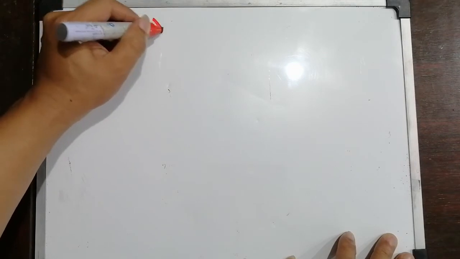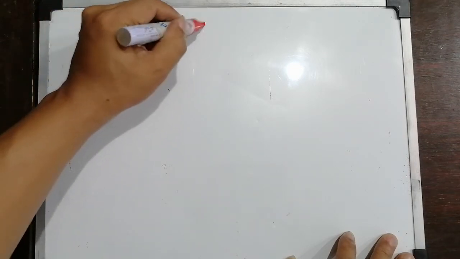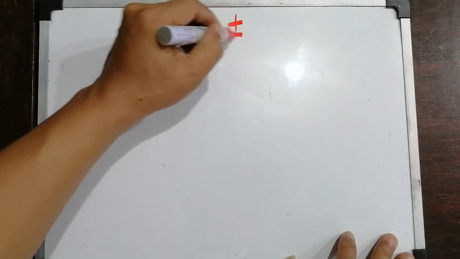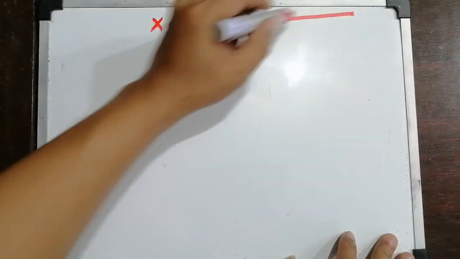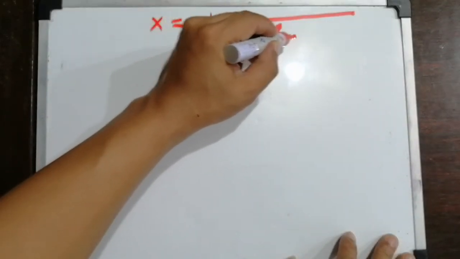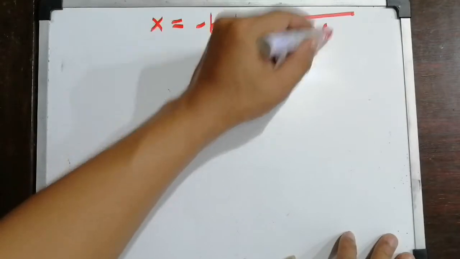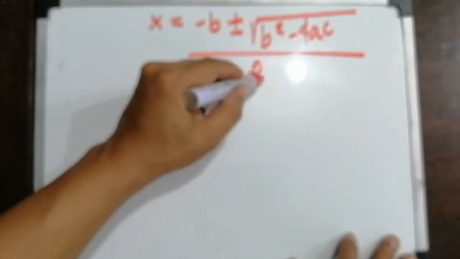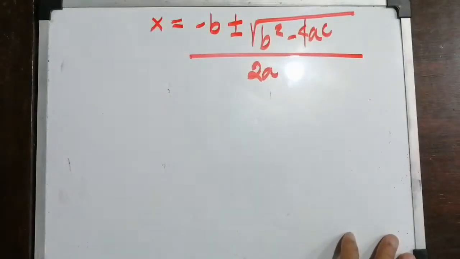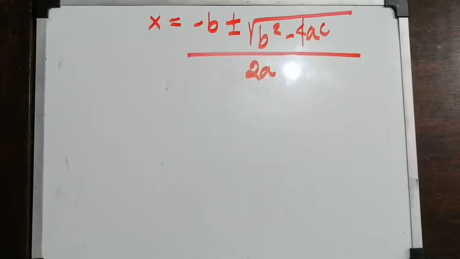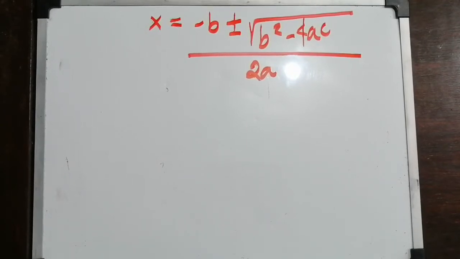Okay? So dapat memorize natin yung quadratic formula, which is x equals negative b plus or minus square root of b square minus 4ac all over 2a. Okay, so yan yung ating quadratic formula na dapat memorize nyo.